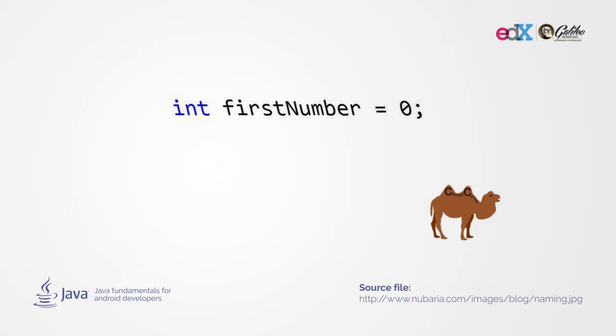The second letter and the letters until you need to change the words are all written in lowercase. And the first letter of the second word will be uppercase. And then we repeat the rule. So the name of the variable looks like a camel. It is important for you to know this convention because it is very commonly used.